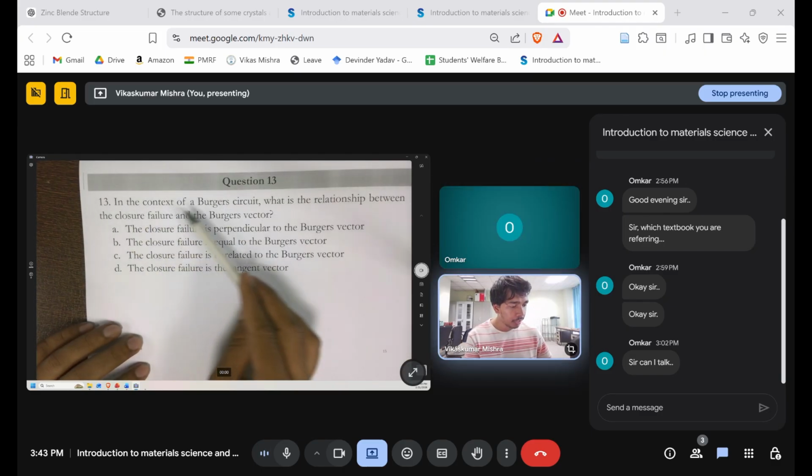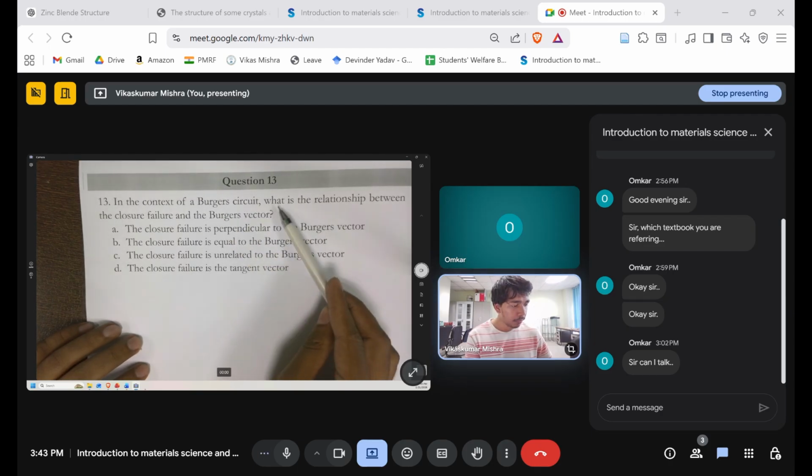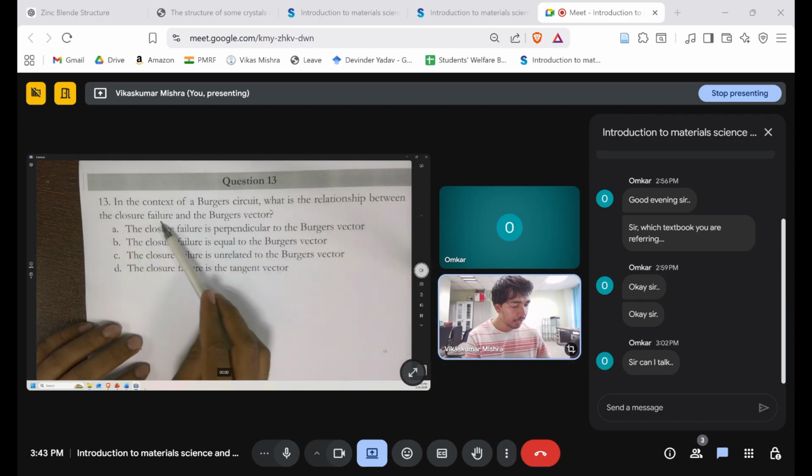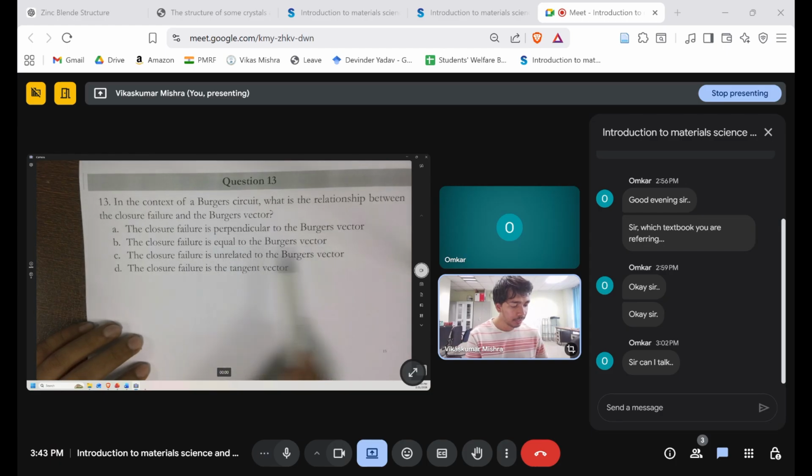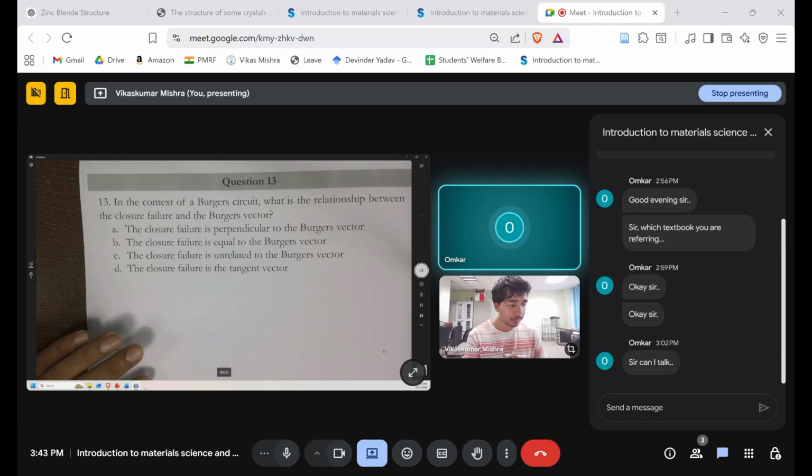Now, in the context of the Burgers circuit, what is the relation between the closure failure and the Burgers vector? The closure failure is perpendicular to the Burgers vector. The closure failure is equal to the Burgers vector. The closure failure is unrelated to the Burgers vector. The closure failure is a tangent vector. The closure failure is equal to the Burgers vector, right?